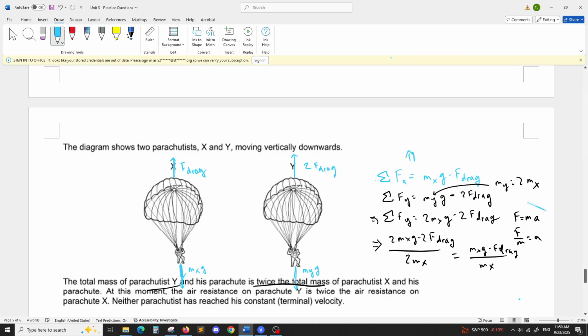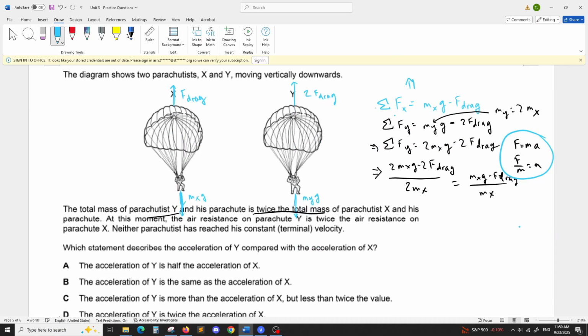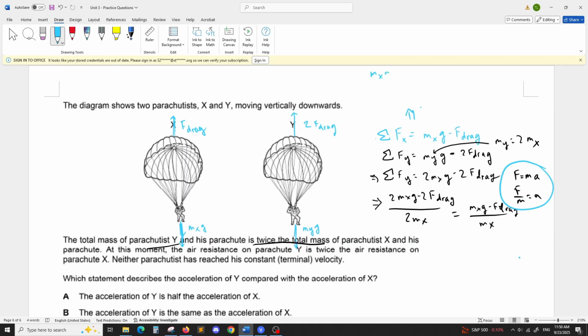We can still use the fact that we divide by the mass. Since we have our resultant force, mxg minus F drag, divided by our mass, which is mx, this becomes mxg minus F drag over mx.